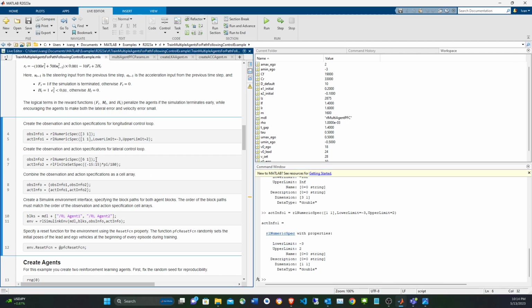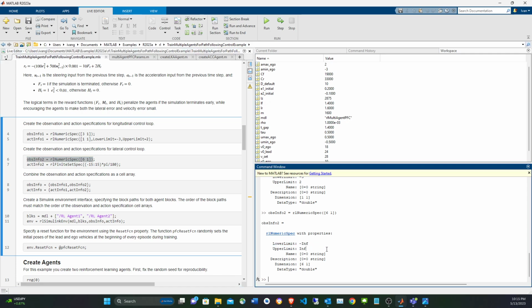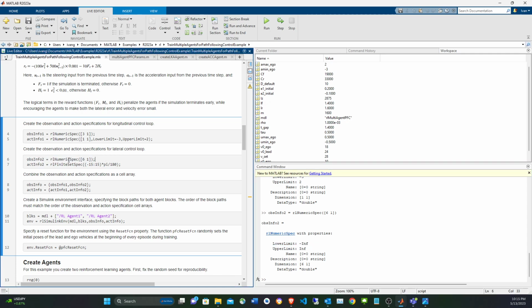For the case of the steering, we already know that we have the lateral deviation, angle, and their corresponding derivatives and integrals. So we have a total of 6 observations, and none of them has limits. So for the action, instead of using RL numeric spec, we're going to use RL finite set spec, because we're going to use again a DQN agent, which is limited to discrete actions.